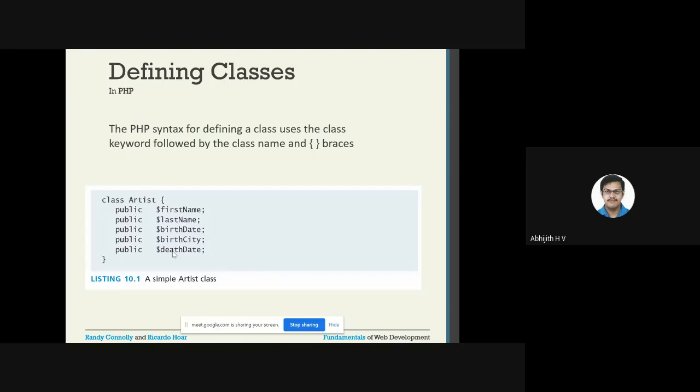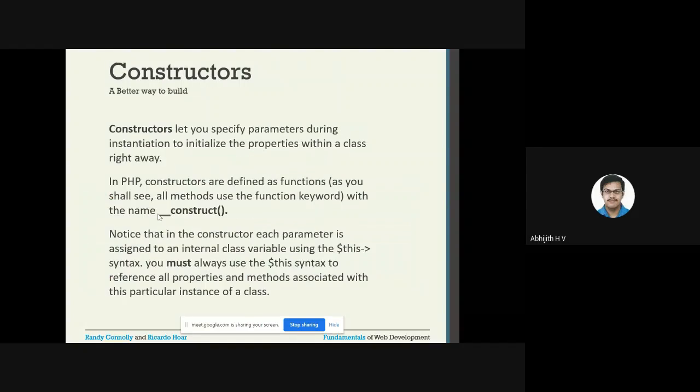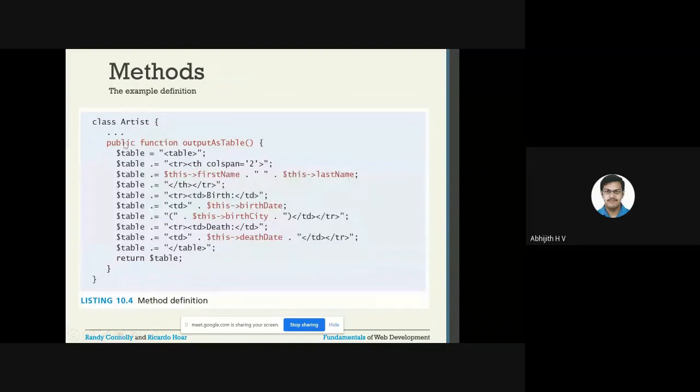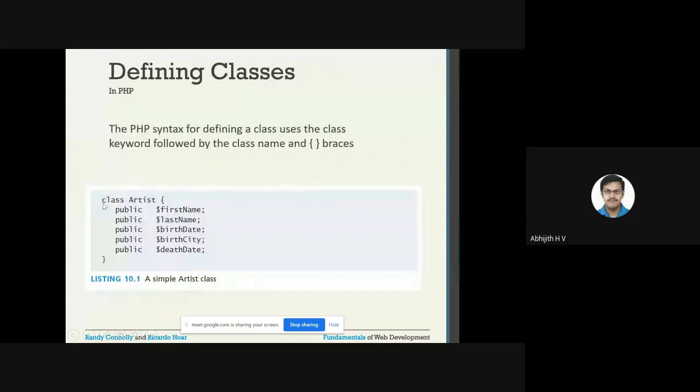You all know that in PHP every property means a variable, and every variable starts with the dollar symbol. Method means a function. Inside this, you can write functions. For writing a function, the keyword should be function, followed by the function name. If any parameter is there, that can be included. So this is the syntax.